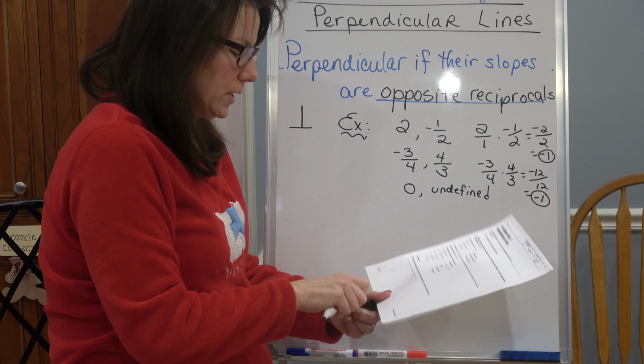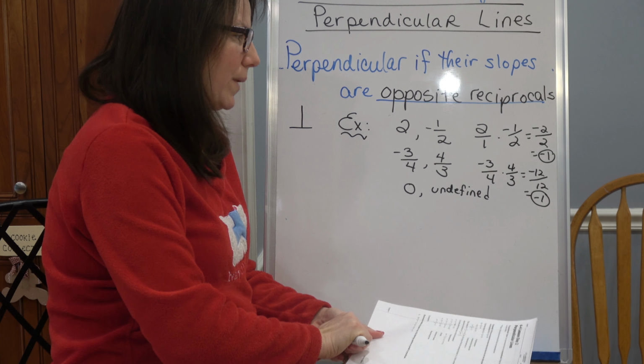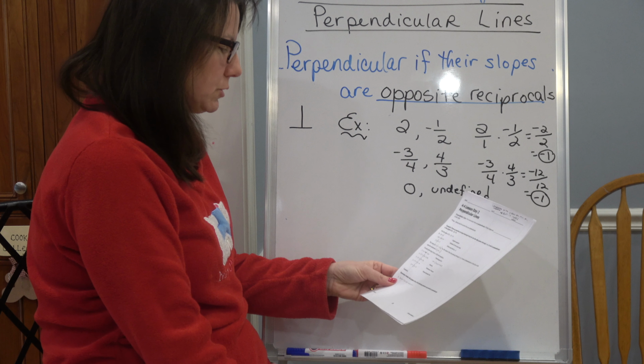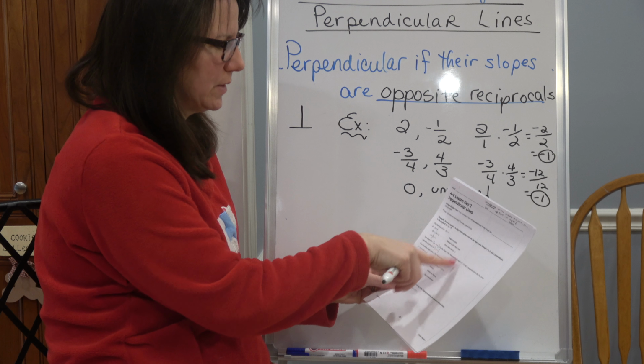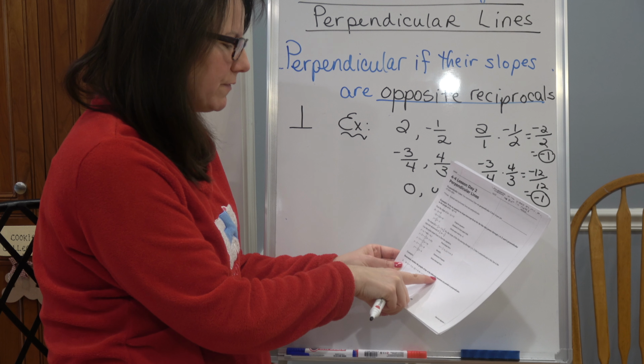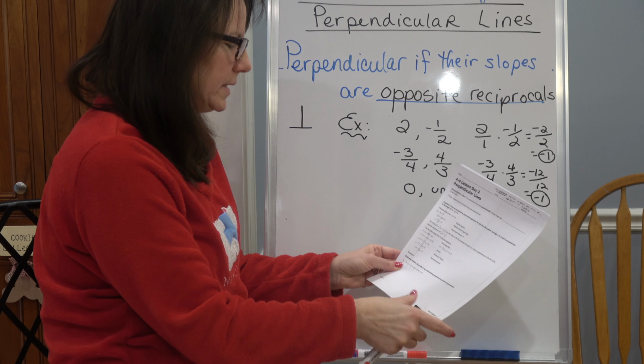When you're looking at equations, like we have here on the bottom of the page, I'm going to do an example like the one they've done. It says determine whether the graphs of any of the following equations are parallel or perpendicular.